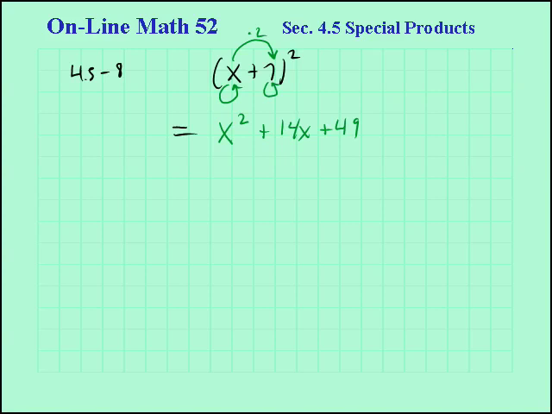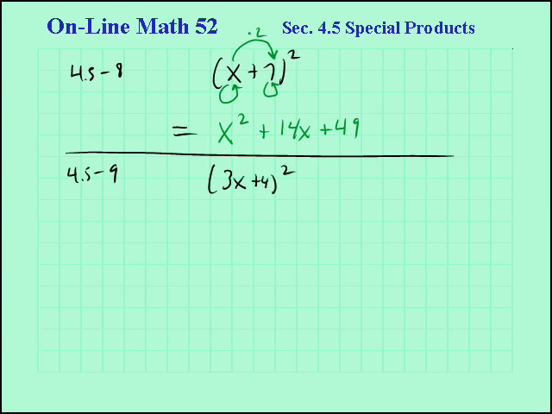Let's look at page 4.5-9, where we've got 3x plus 4 being squared. First term times itself. Now this is 3x times 3x, 9x squared.